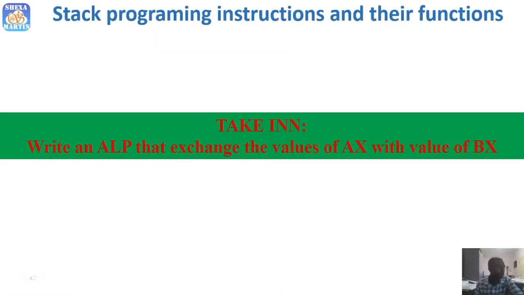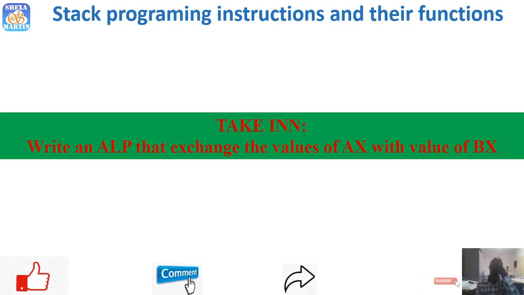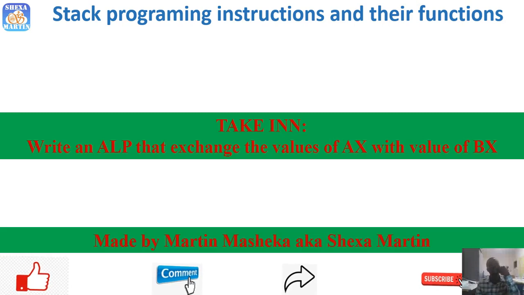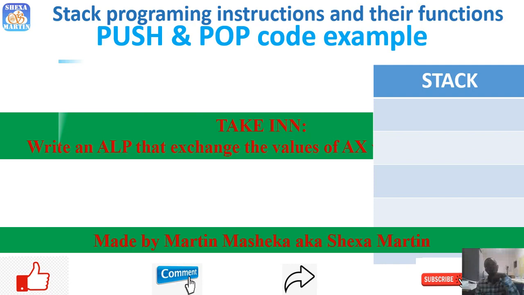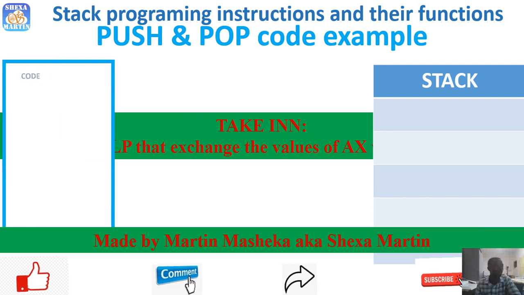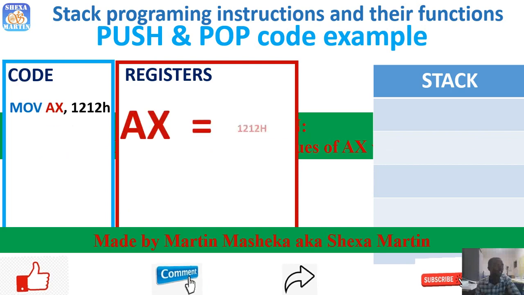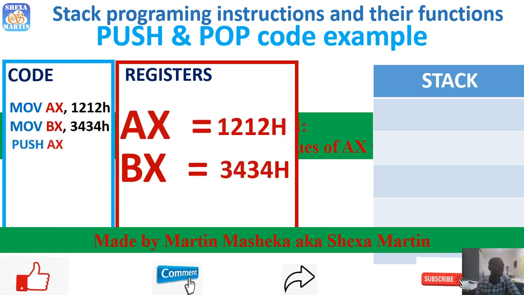Right, let's have this question: write a program that exchanges the value of AX with the value of BX. So we're exchanging values that are in AX and in BX, and we want to use a stack to achieve this. So here we have our stack, and we have our registers, and the instructions go.